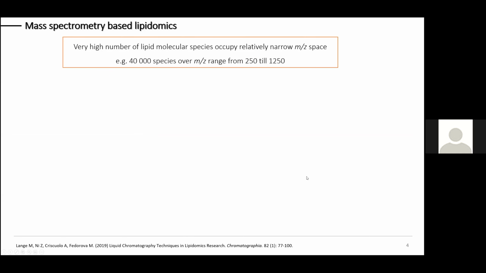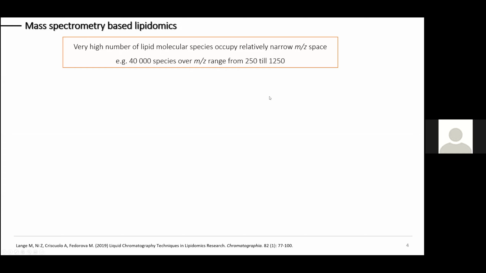The problem in lipidomics is that a very high number of lipid molecular species are occupying a relatively narrow mass to charge space. We will see later on that the majority of lipids are ionized as singly charged molecules. So if we talk about these 40,000 lipid species which we think are out there, they will all be distributed in an m/z range around 1000 m/z values.